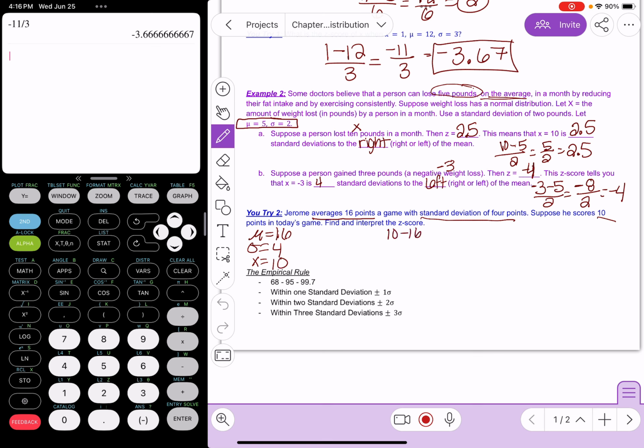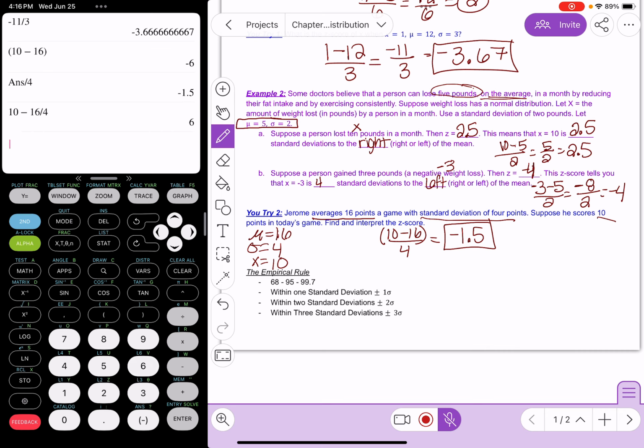So we're going to do 10 minus 16 over 4. Now make sure if you're typing this in the calculator, you don't just type it straight across. You either hit enter in between or you put parentheses for your numerator so that it does the order of operations correctly, because your Z-score should be negative 1.5.